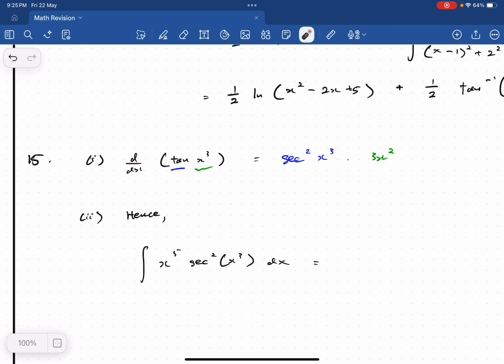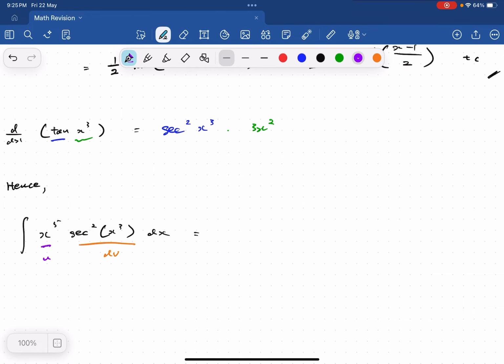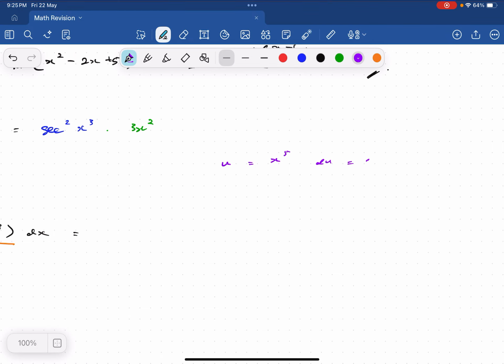I have an algebraic function here, which is going to be my u. Obviously, this will be my u. And then this is going to be my dv or my v prime. So, ladies and gentlemen, if u is equals to x power 5, what is du? That's going to be 5x power 4, right?